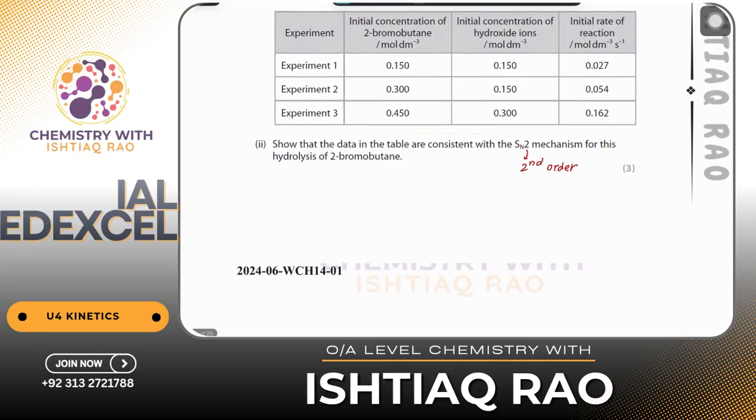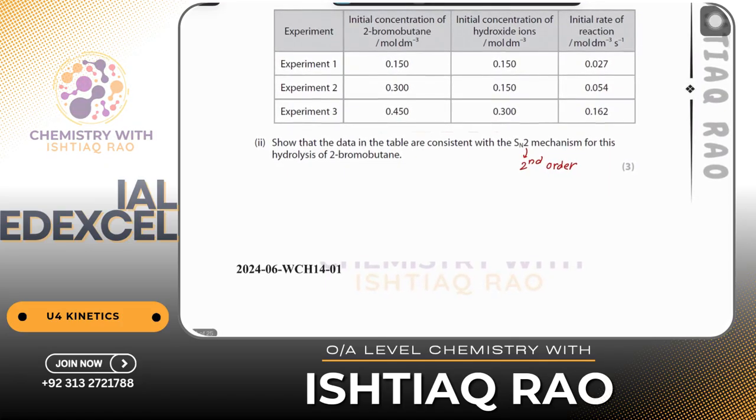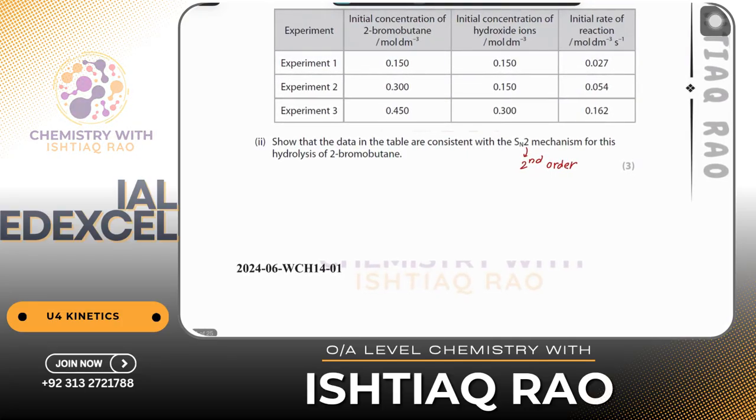So what I would be doing in this question, because we have to prove that the data in the table are consistent with the SN2 mechanism or not. Of course after finding out the order of reaction, it is supposed to be 2 because they are saying it should be consistent with SN2. So now I am going to find out the order of reaction with respect to OH and also with respect to 2-bromobutane, right?